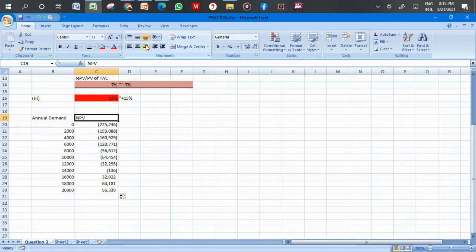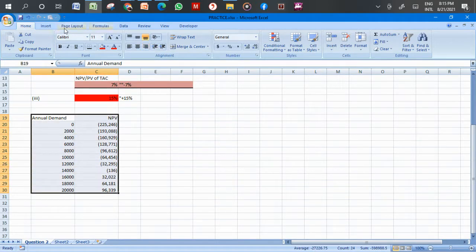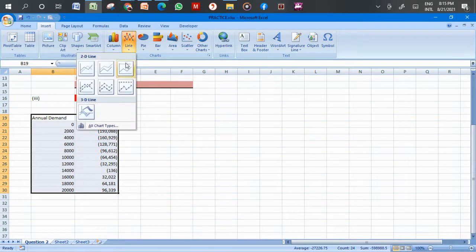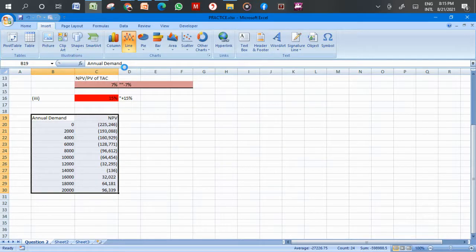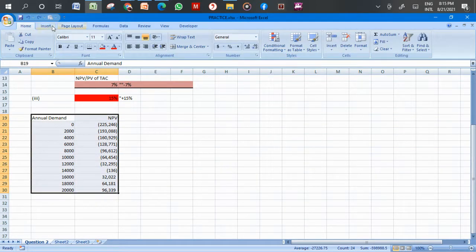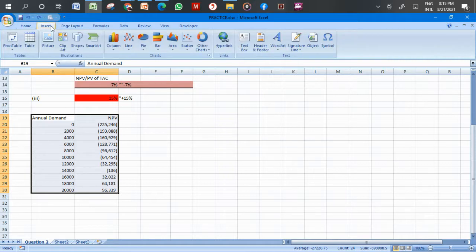Okay, so if we now have this, we can just say insert. Let's put a line graph. The package is old.